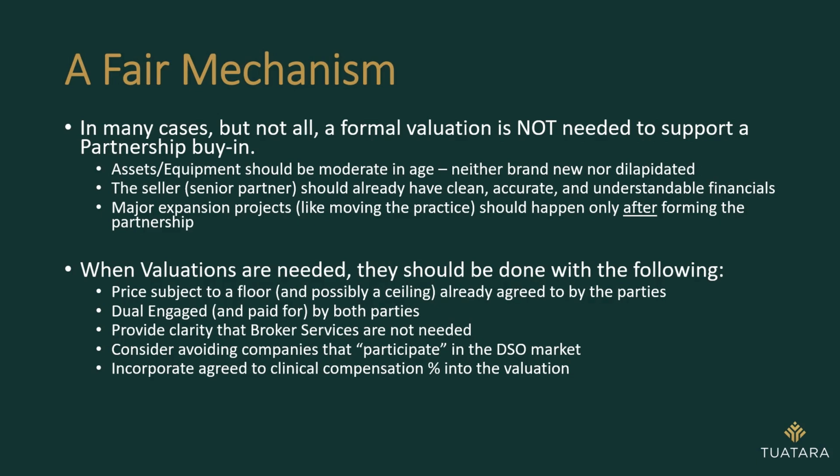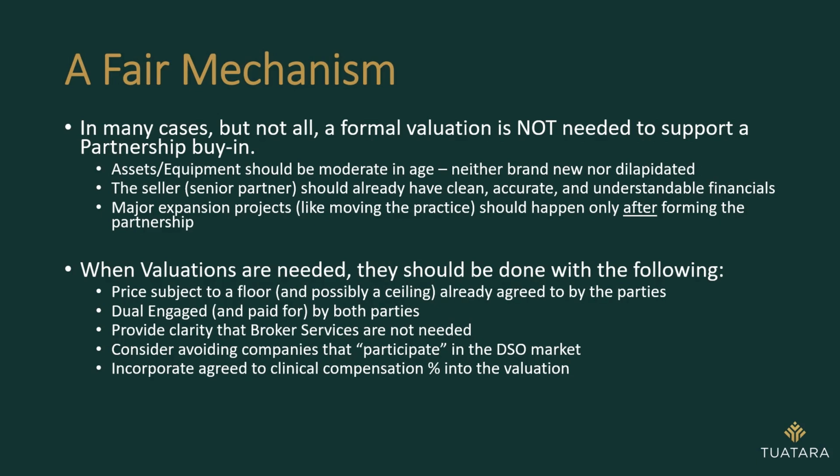It's our belief at Tuatera that inside of a partnership, the valuation should really be connected to the partners' planned income allocation formula. And the income allocation formula will specify the amount that the partners are to be paid in terms of percentage. For example, maybe you're going to use what your associate's already making. So your associate is currently making 32% of net production.